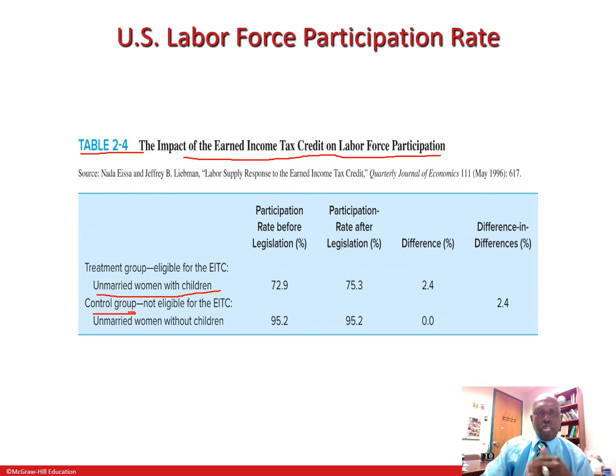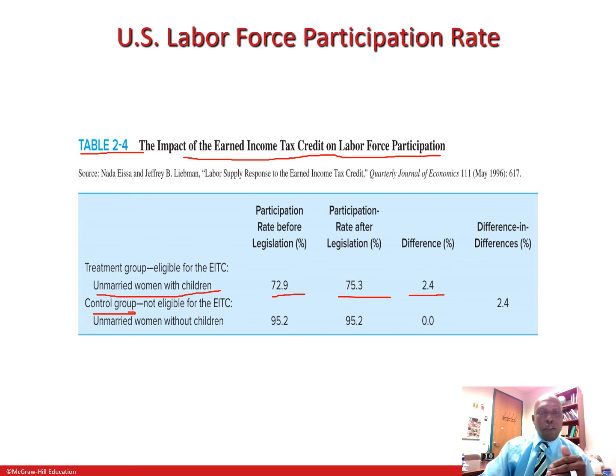Before the legislation, about 73.9% of unmarried women with children were participating in the labor force. After the tax credit, this increased to 75.3%. The difference is an increase of about 2.4% due to the earned income tax credit.